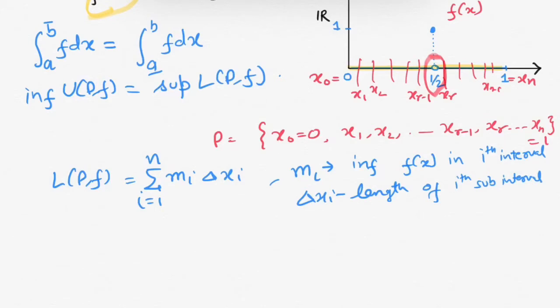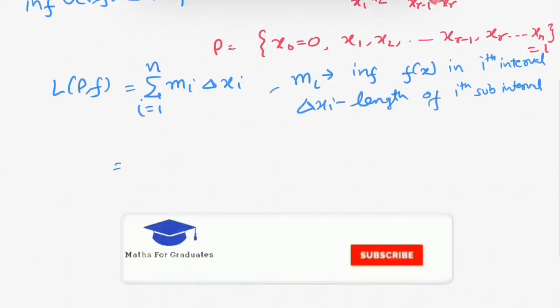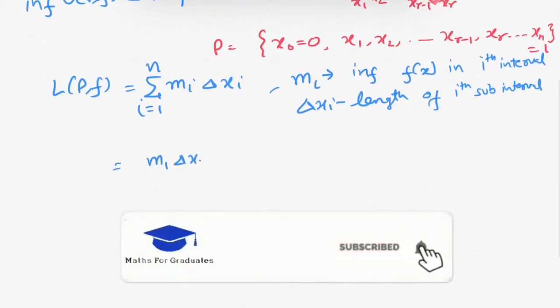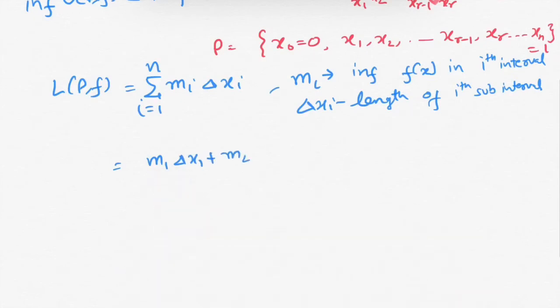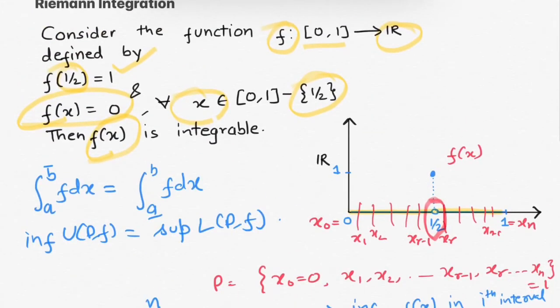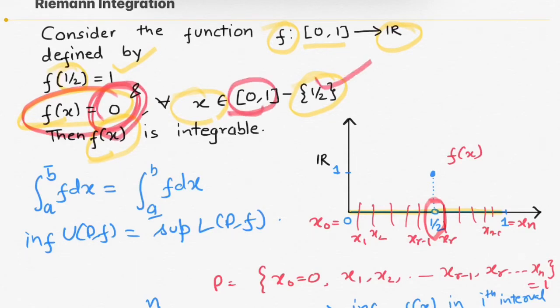So L(P,f) equals m1 delta x1 plus m2 delta x2 and so on, plus m_r delta x_r, plus m_n delta x_n. Now it is given that the functional value of f(x) is 0 at every point in the interval [0, 1] except 1/2.